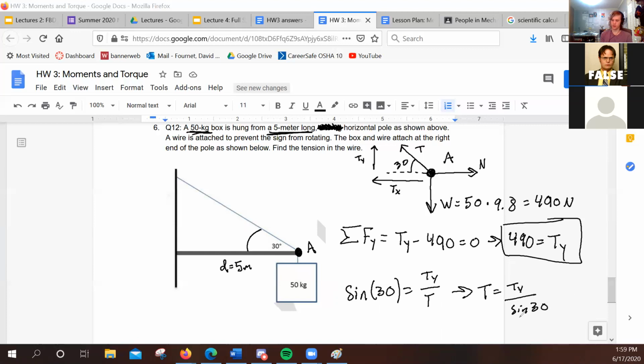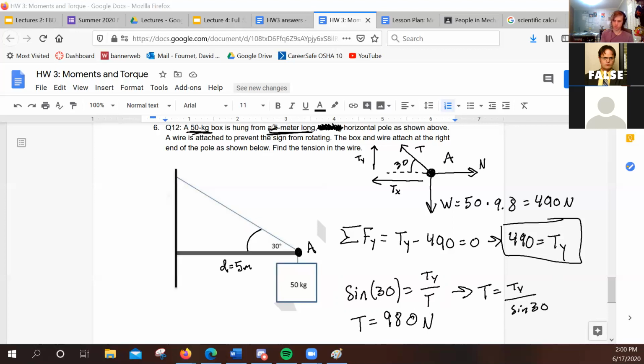And so what does that equal? 980. Yep, so sine 30 is always going to equal 0.5, okay? So 980 equals T. So we have found our tension force.